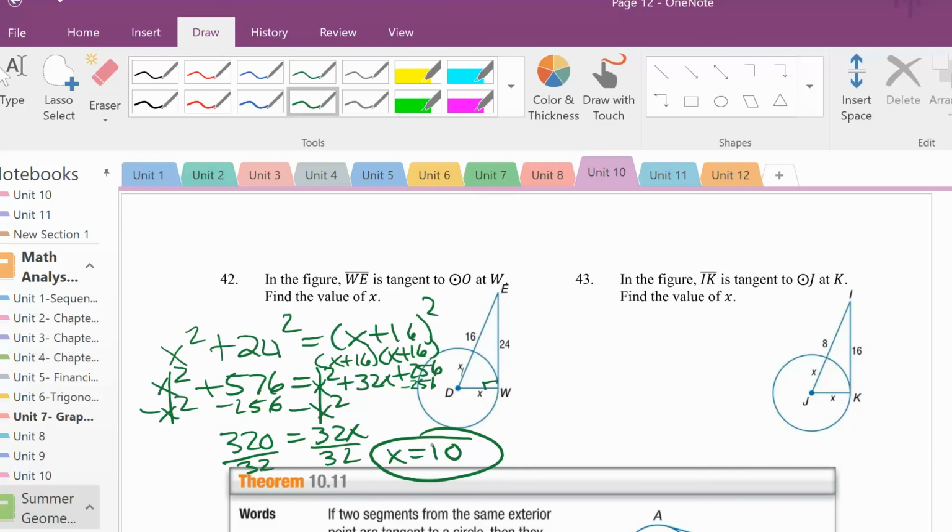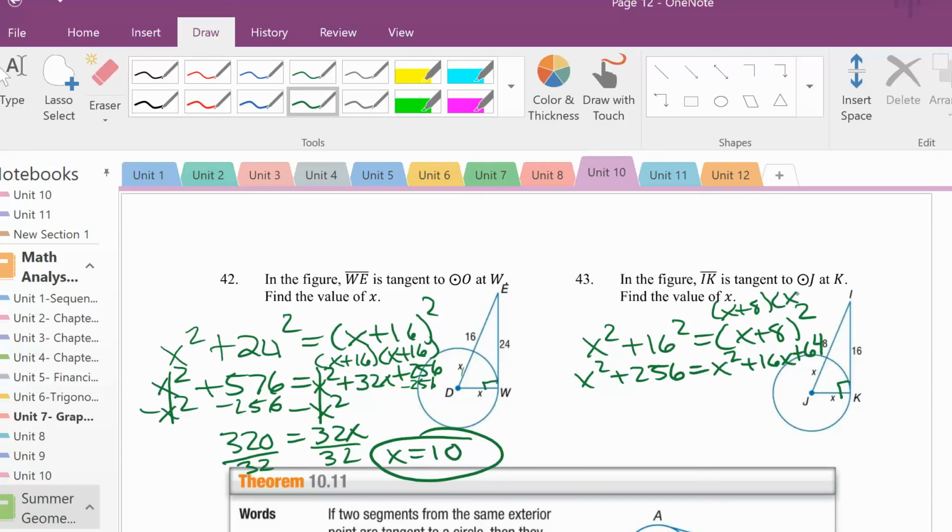43 is the same way. So this is perpendicular. So you get x squared plus 16 squared equals now x plus 8 squared. X squared plus 256 equals x squared plus 16x plus 64 when you FOIL. Because remember, when you square, you have to multiply it by itself. So x plus 8 times x plus 8.